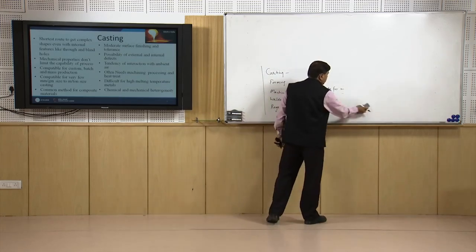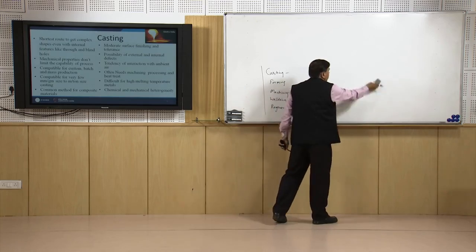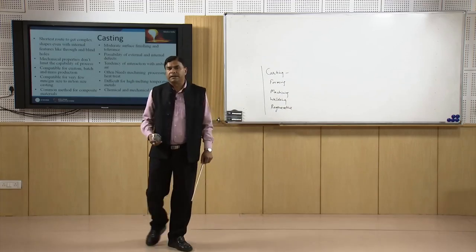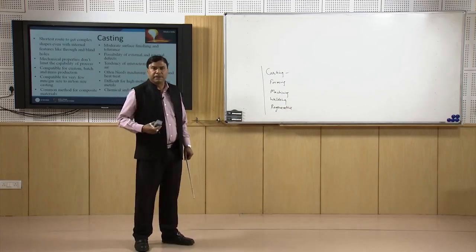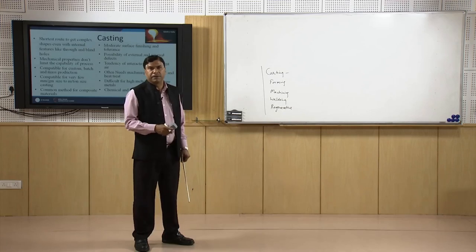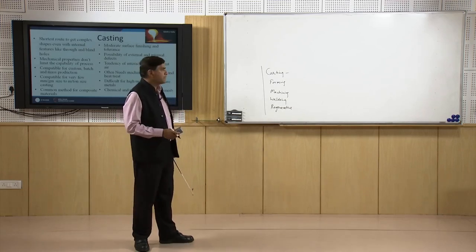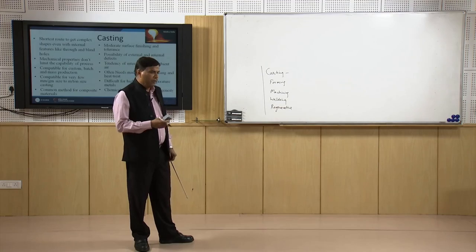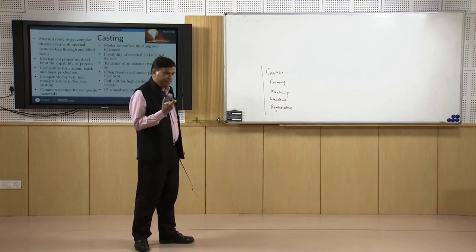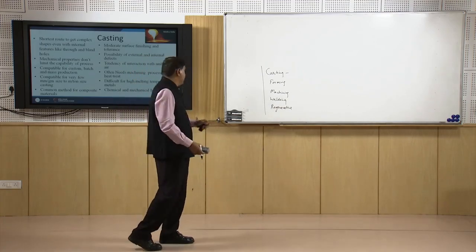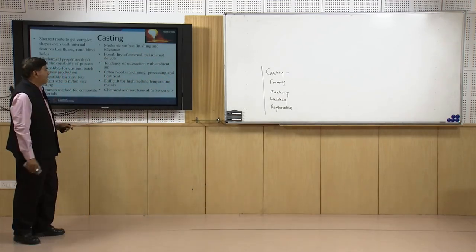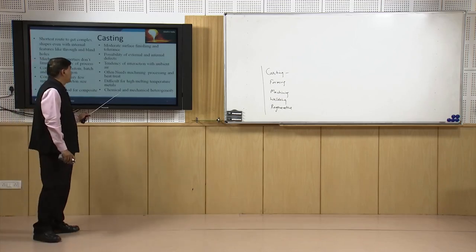Now, coming to the limitation of the process, it is necessary that the material is brought to the molten state. So, melting of the material is mandatory, and for that purpose the melting point of the material must be reasonably low, or if it is too high then it will make the melting of the material difficult, and that is why high melting point materials are found difficult to be processed by the casting process.